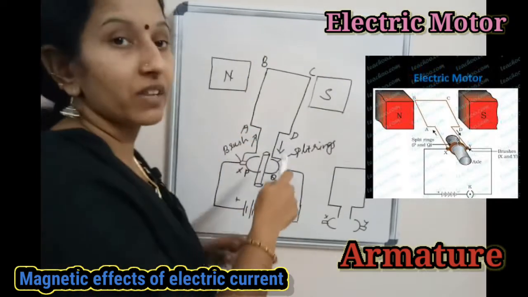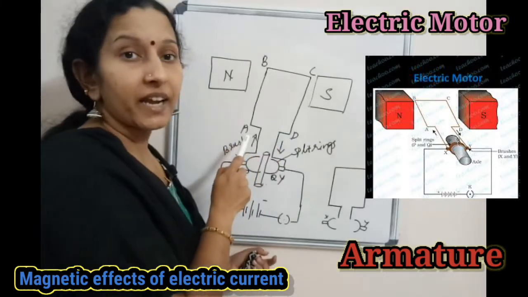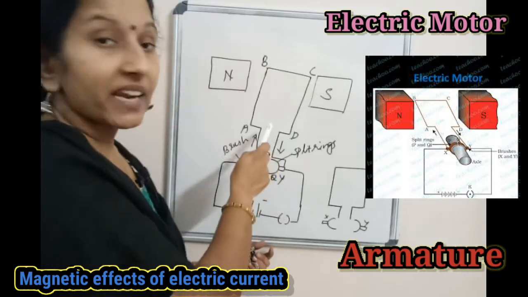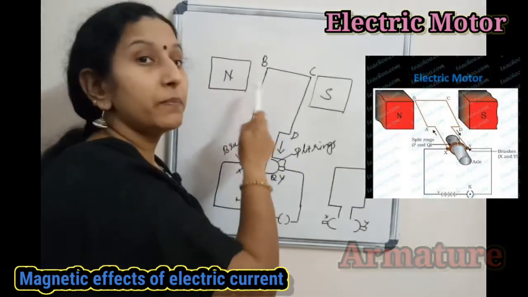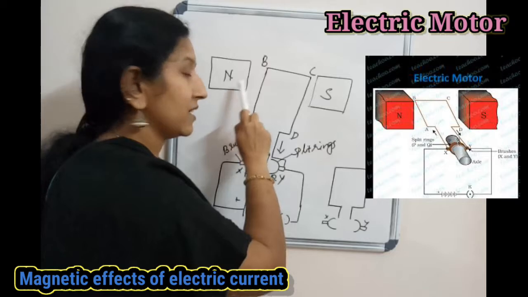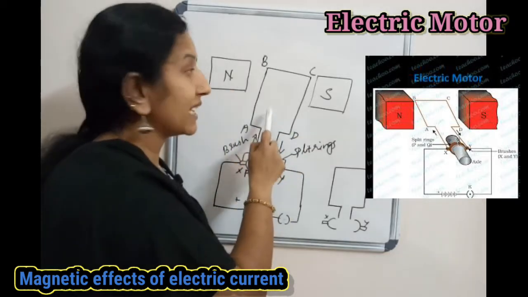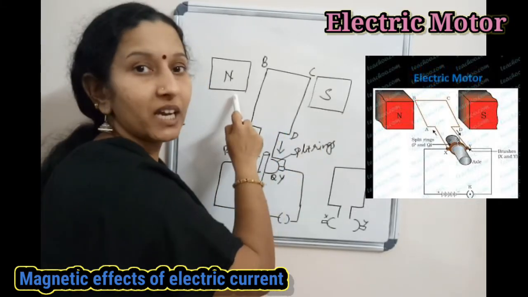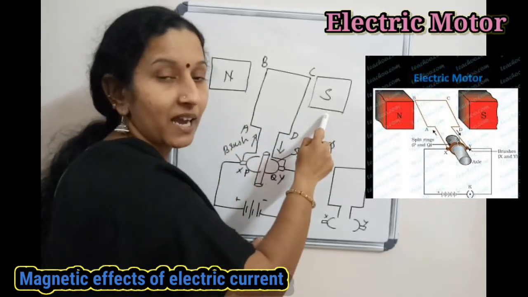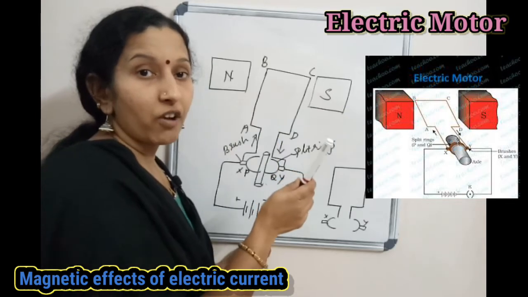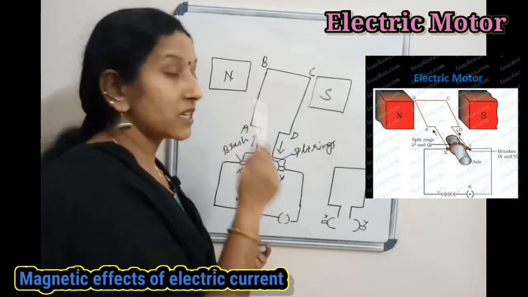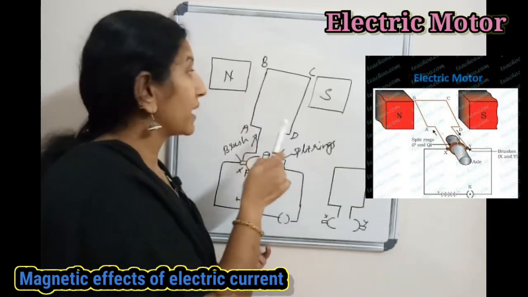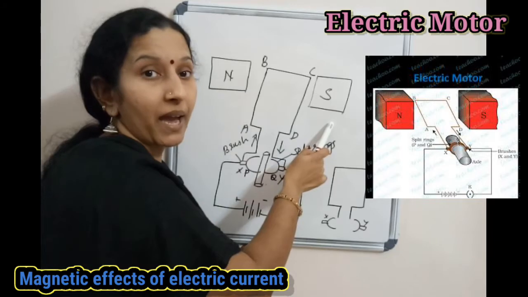The first part of the electric motor is the rectangular coil ABCD, and this rectangular coil is placed between the poles of the magnet. So the first line: an electric motor consists of a rectangular coil ABCD or an armature coil ABCD, and this coil is placed between the poles of the magnet.